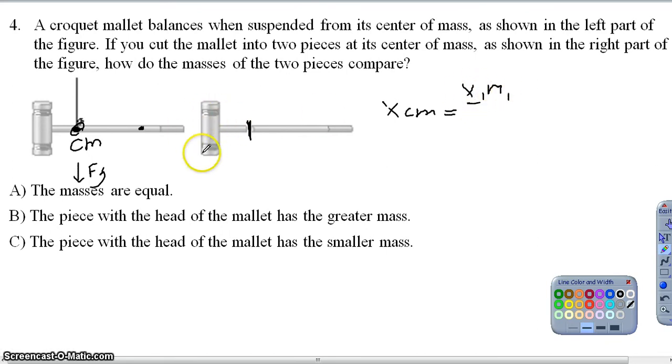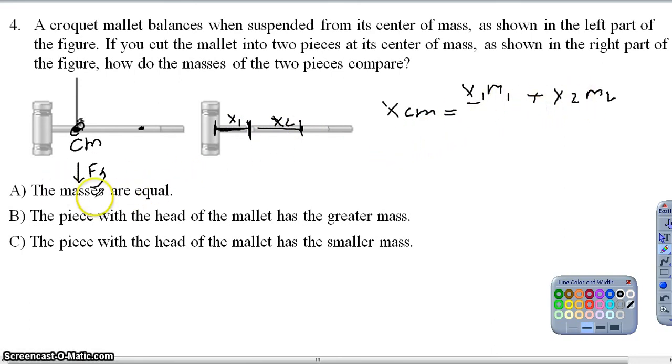So if we think of this hammer head as a single mass, and the handle of the hammer as a separate mass, so if we think of those really as just two masses, they don't have to have the same mass, because if we look at the head of the croquet mallet, the head is going to be much closer on average than maybe the center of mass for the pole. Right, so those two distances from the center of mass, x1 and x2, are going to be different, which tells me that the masses can also differ. It tells me the masses do not have to be the same.